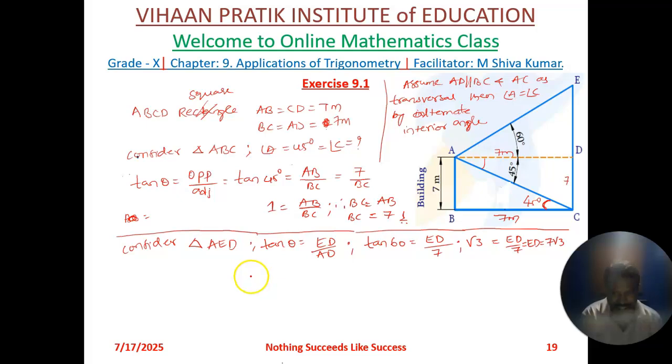Now we got ED. The total height of the tower is equal to CE, which equals ED plus CD. So this height plus this height. We already know the value of CD is 7 meters, and we just found the value of ED, which is 7 root 3.